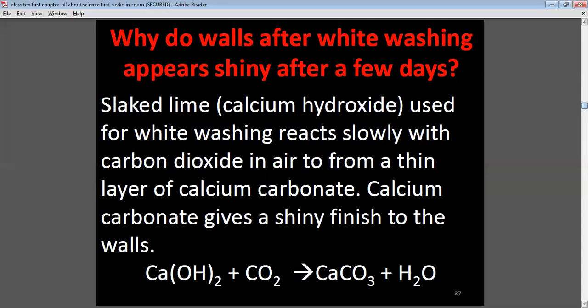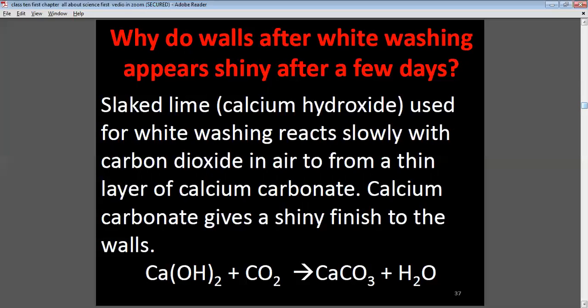Why do walls after whitewashing appear shiny after a few days? Slaked lime, that means calcium hydroxide, is used for whitewashing. It reacts slowly with carbon dioxide in air to form a thin layer of calcium carbonate. This calcium carbonate gives a shiny appearance on the wall.